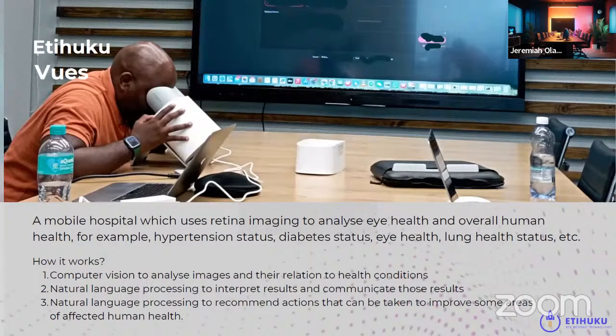Okay, so now, when we talk about Views now, how does it work? Again, like I said, computer vision to analyze patterns in the images and then use the bias formed by studying those patterns to sort them into different diseases or health status, for example.